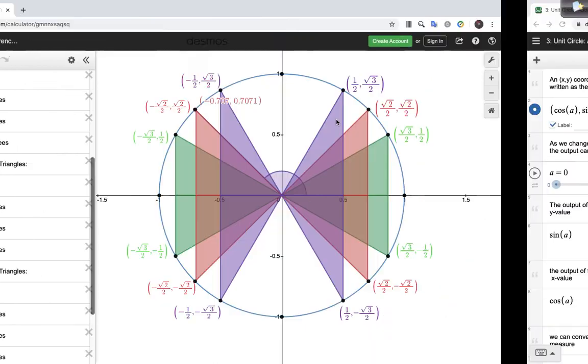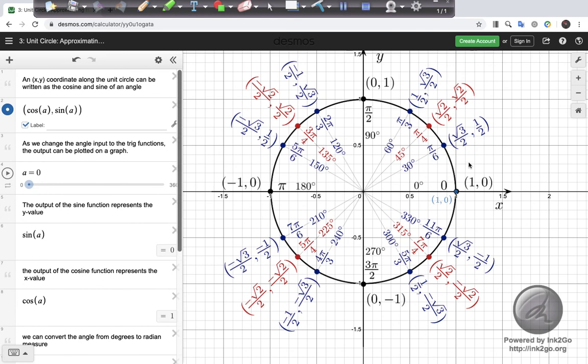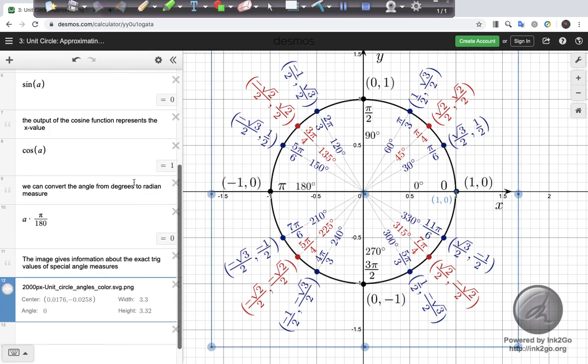You're going to want to sort of call up a vision of this particular unit circle. So these are the critical exact values that you want to be able to construct. And you should be able to eventually draw this unit circle with a fair amount of accuracy, being aware of the degrees of rotation from standard position along the x-axis, the corresponding radian measure for those degrees, and the x and y value of the point that lies on the unit circle.